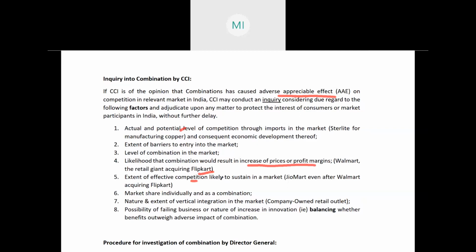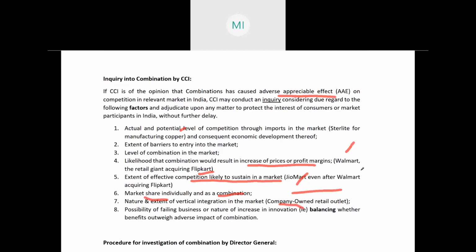Extent of effective competition likely to sustain in the market. JioMart has also come in, even after giants like Walmart acquiring Flipkart. Also, a new player in India has started called JioMart. So market share individually and market share as a combination, and you would have seen many company owned retail outlets.